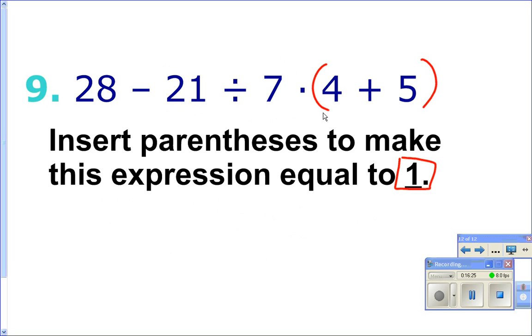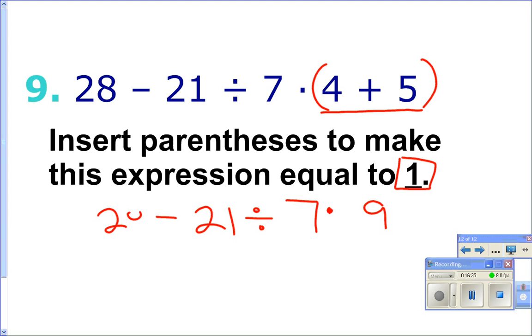Okay, so now 4 plus 5, starting there, you get 9. Bring everything down. Now we're done with parentheses. We don't have any exponents, so now we can multiply or divide. We have division here. 21 divided by 7 is 3.